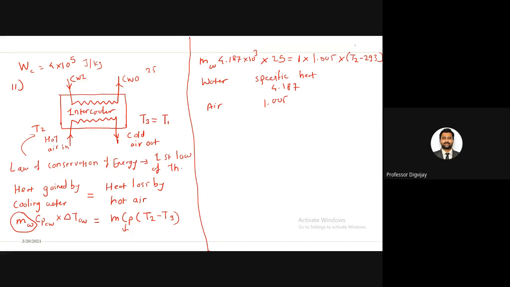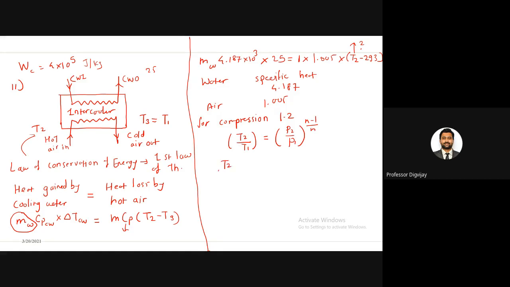Now, how to calculate T2? That is again another question. For that, we can make use of isentropic equations. Okay, so for compression 1 to 2, we can write down T2 by T1 is equal to P2 by P1 raised to n minus 1 upon n.